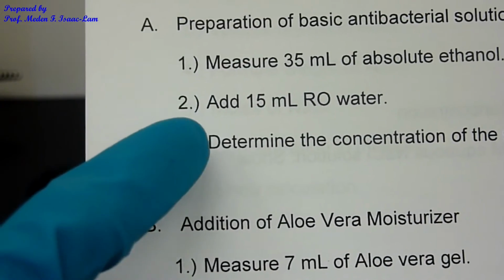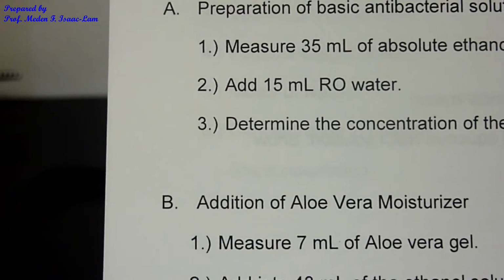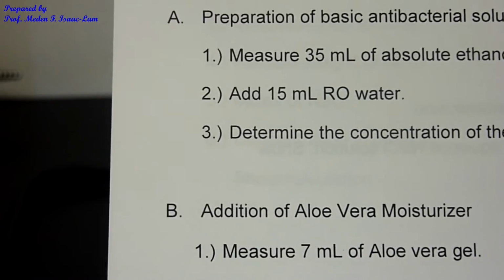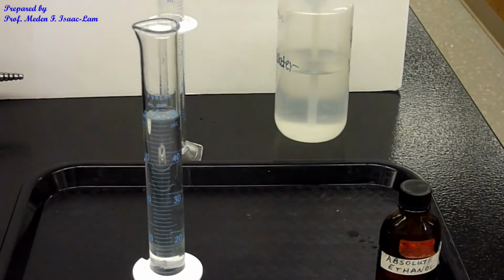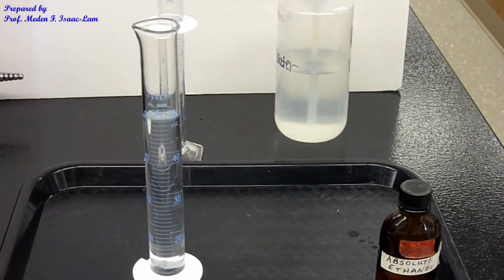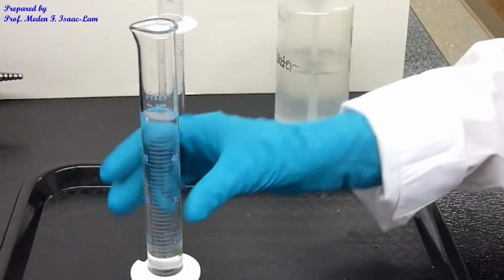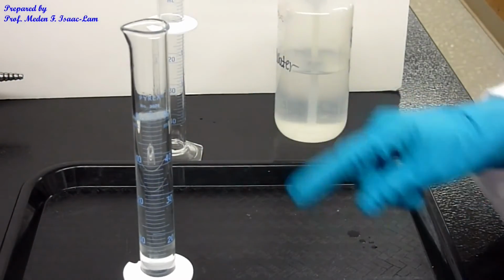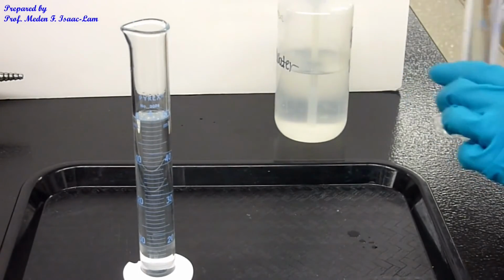So we are taking 43 ml of that solution and combining it with 7 ml of aloe vera gel to have a total volume of 50 ml. So I'll set this aside, and then we are going to measure 43 ml of this solution. We can use this again, actually.